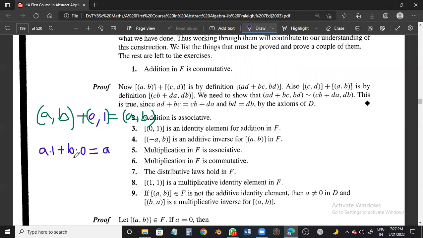I feel you followed. First place into last place and the product of the middle places and then the addition. So we got it. And what about the second place? How do we define the second place? The second place is simply the multiplication of the second places. B into 1 is B. Got back AB? Followed the operation? Yes, madam.